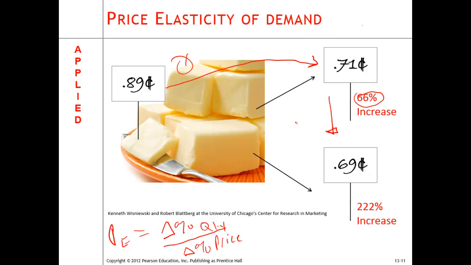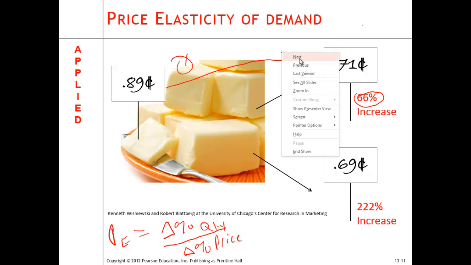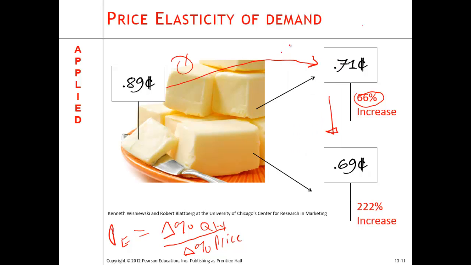In order to calculate the price elasticity of margarine, we would have to take the 66% increase and divide it by the percentage change in price, which is calculated by subtracting the new price, 71 cents, from the old price and dividing it by the old price of 89 cents.